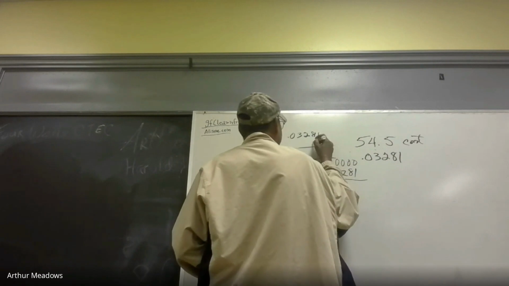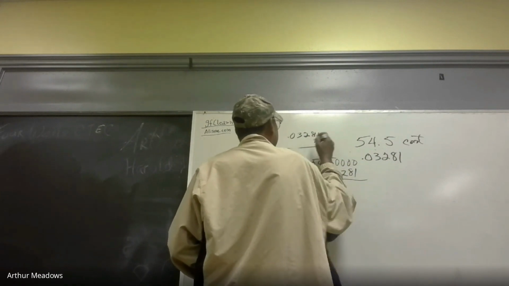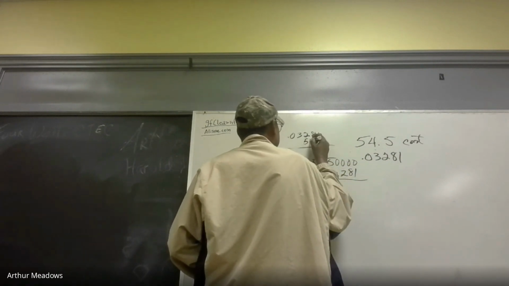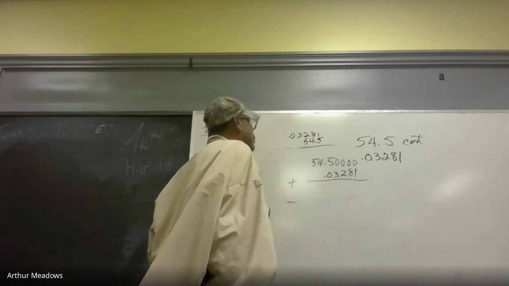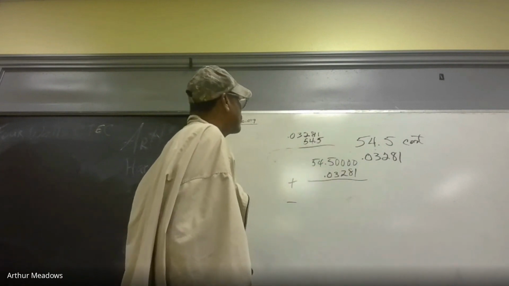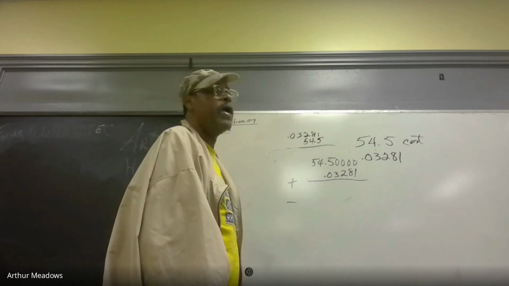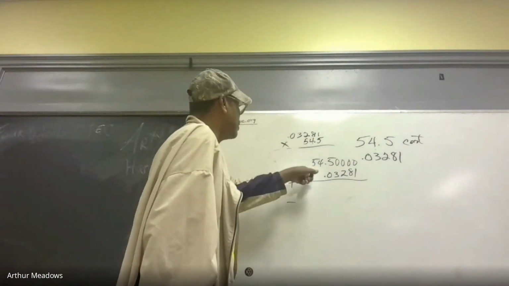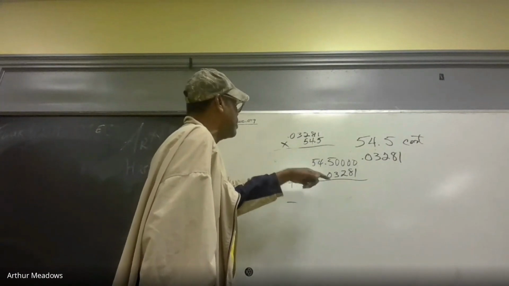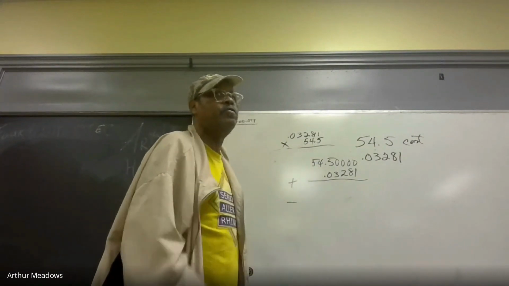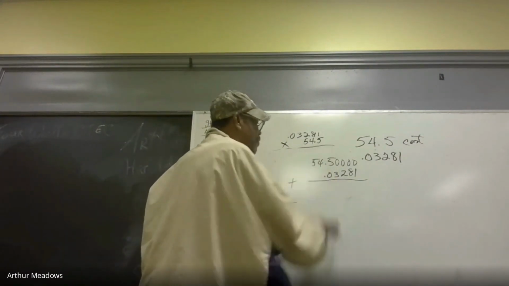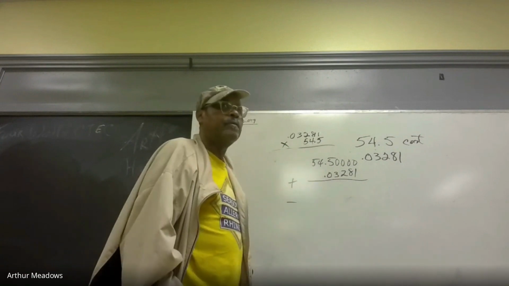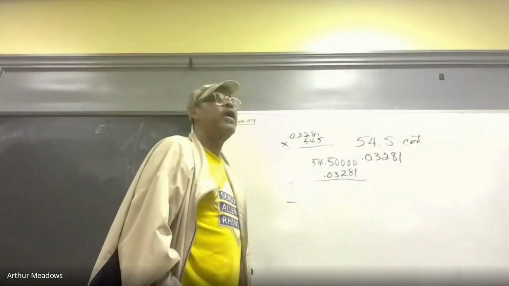That's the point. You multiply it, right? This here is the process for multiplying or adding, whichever one you want to do. That's when you have to line it up, when you add or subtract.